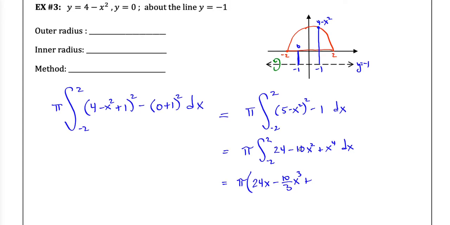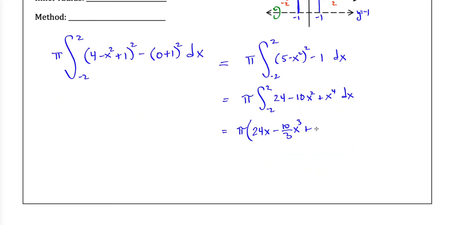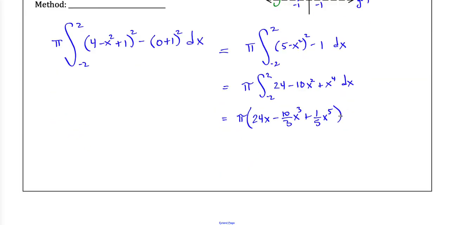This isn't even a calculator one. What's going on? I mean, you can do it in your head, it's just tedious. Or you can do it on a calculator. Is this one symmetric? Can I double it? I'm definitely doubling it. I'm going to put a 2 pi in the front and double it and go from 0 to 2. So 0 will be real nice. So anytime you double it, the bottom number is 0.